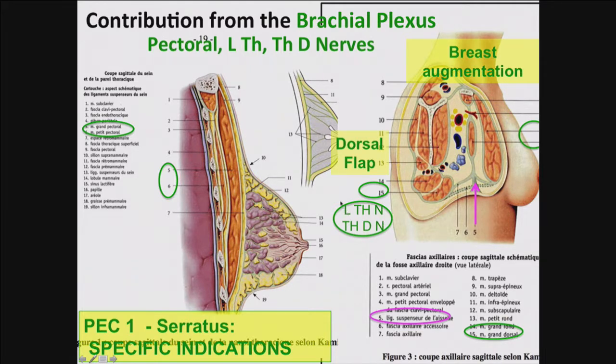And these are the medial and lateral pectoral nerves. The pectoral nerves are extremely important for breast augmentation, while the long thoracic and thoracodorsal nerves are extremely important for the dorsal flap.